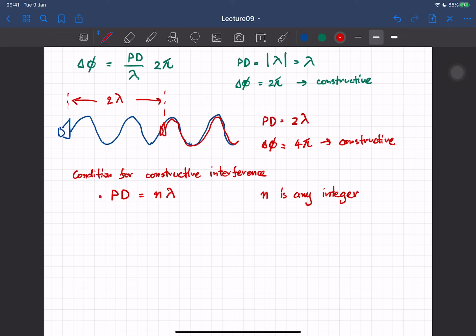Right. So if you have the path difference be a multiple of the wavelength, then the two waves are going to be in constructive interference when you add the two together. So this also means that the phase difference is a multiple of 2 pi, right? So PD, the phase difference, is related to the path difference through this equation.